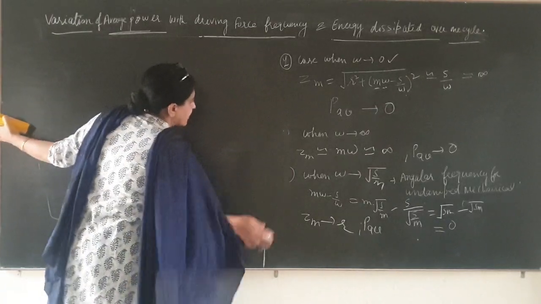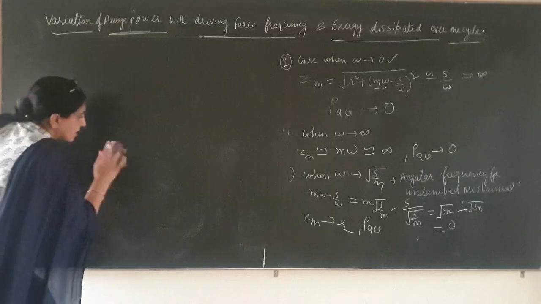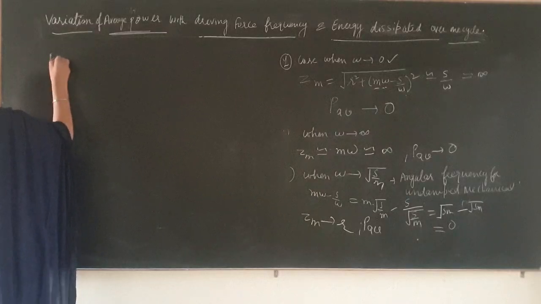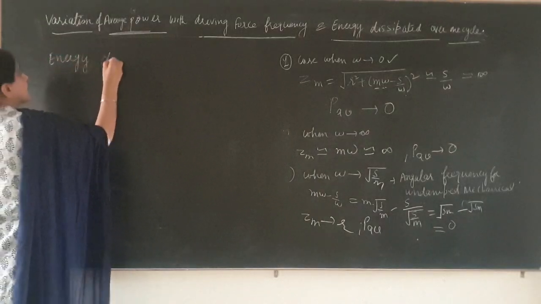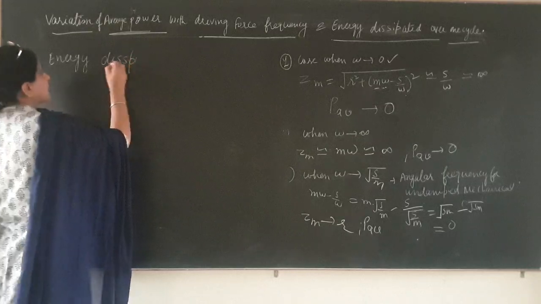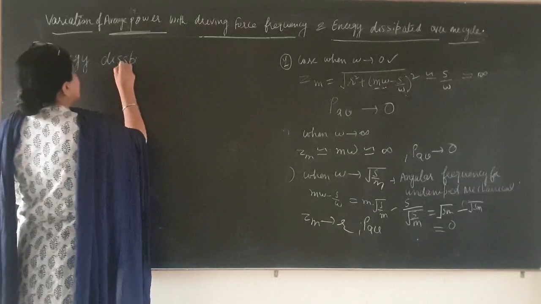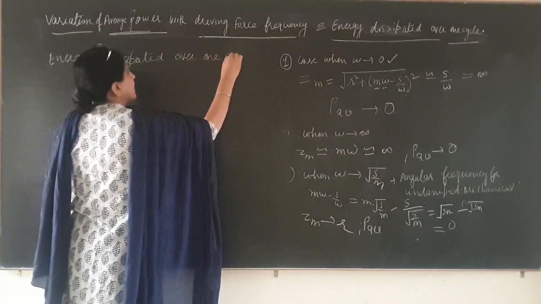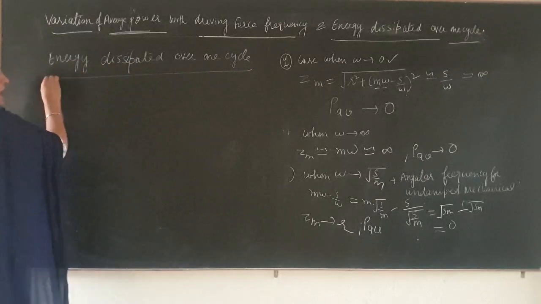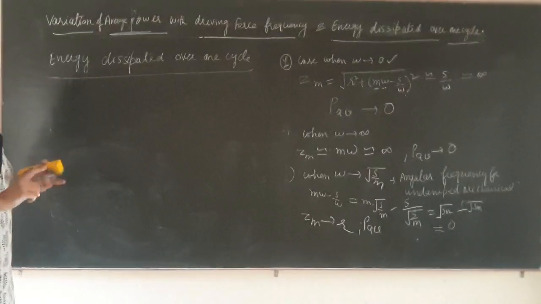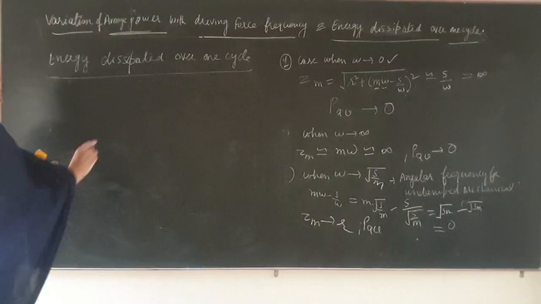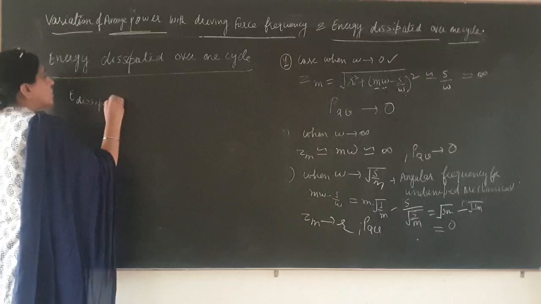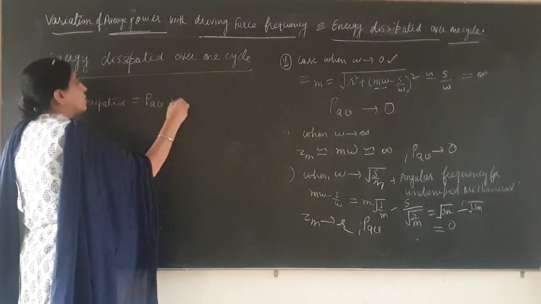Energy dissipated over one cycle, because we found the average power over one cycle. Energy dissipated over one cycle or over one time period is equal to average power into T.